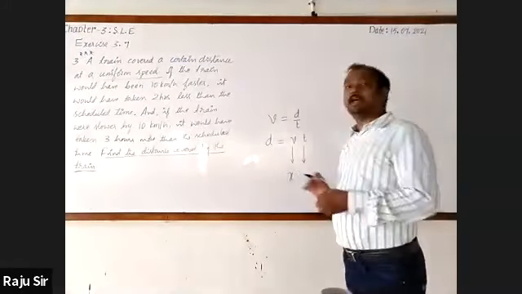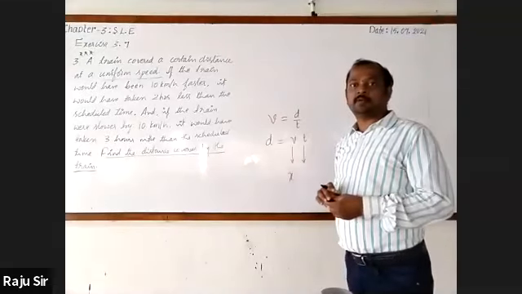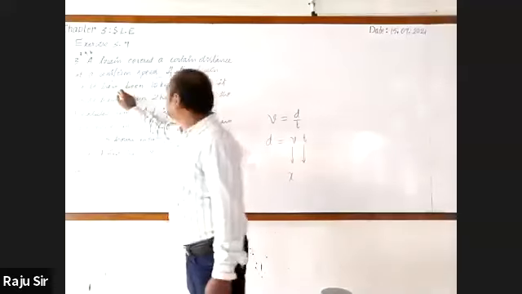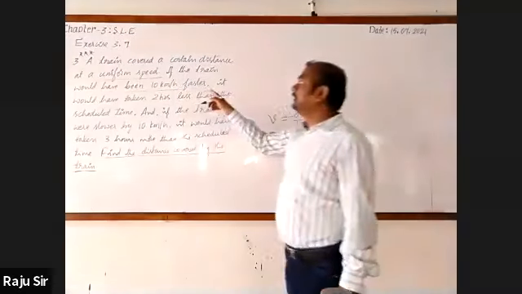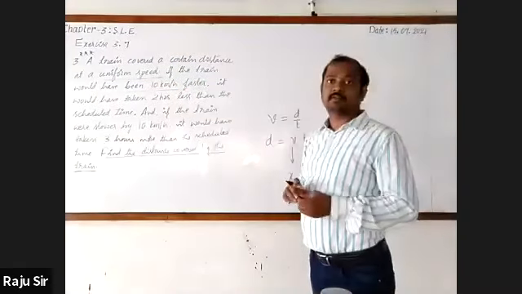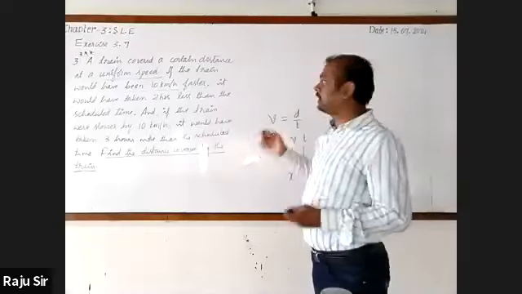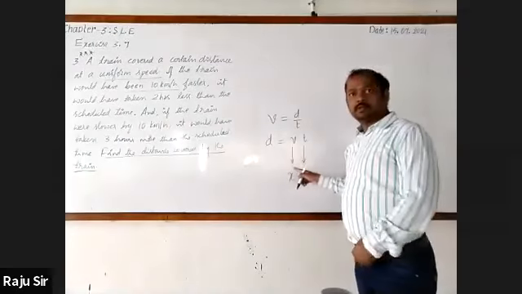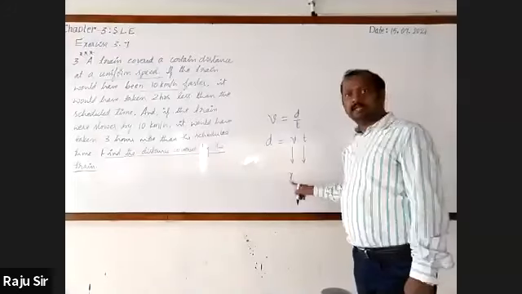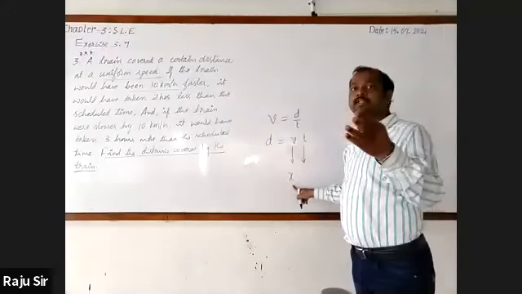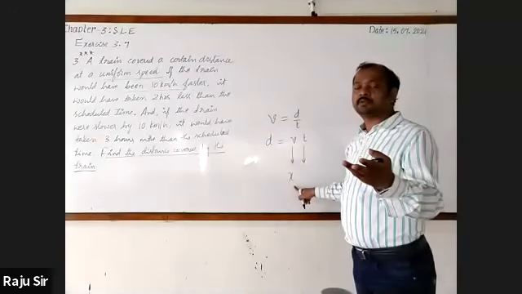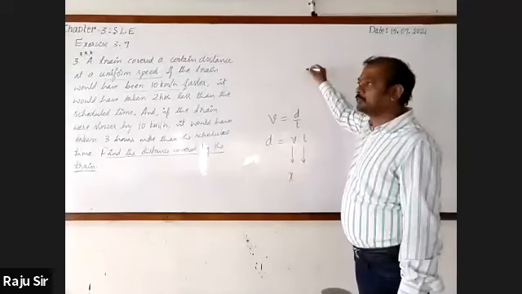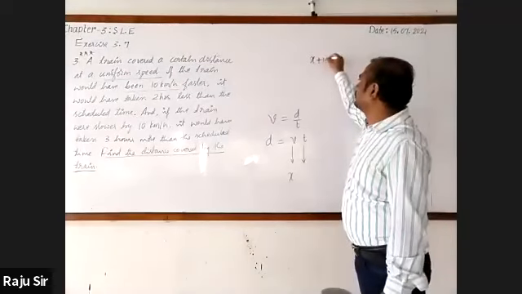I take the speed as x kilometers per hour. If the train would have been 10 kilometers per hour faster, the speed is 10 kilometers per hour more. If it increases 10 kilometers per hour more, then what is the speed? x plus 10.